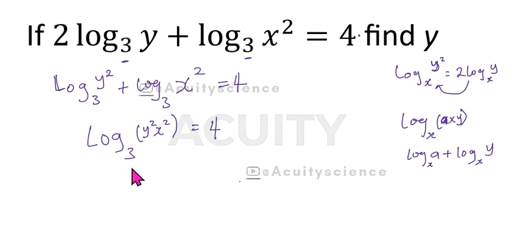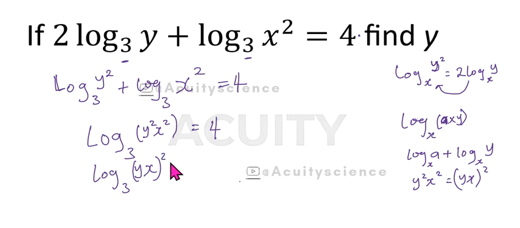All right, we've applied 2 laws of logarithm there. There's a way we can simplify this. y squared x squared can be yx all squared. Let's do that here. So log base 3 of yx all squared equals 4.